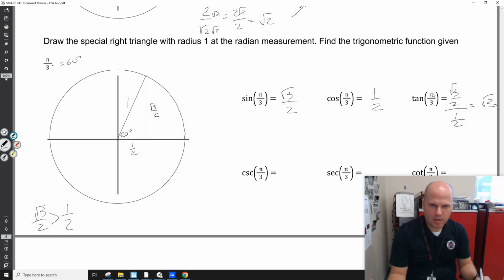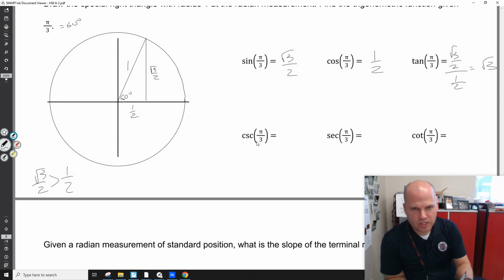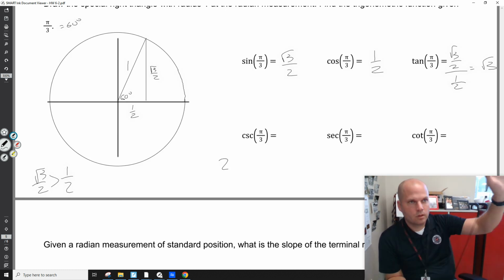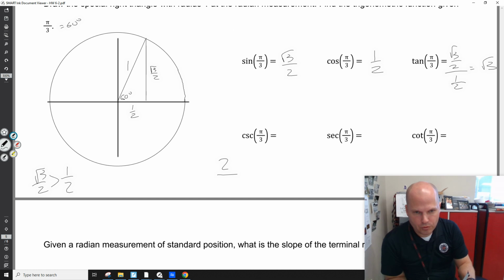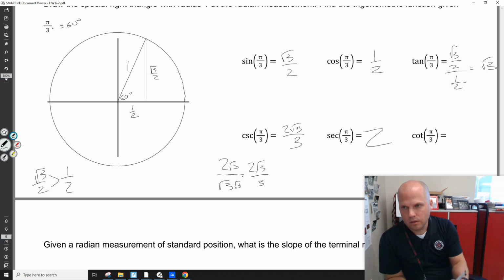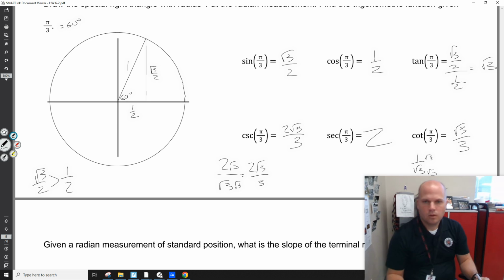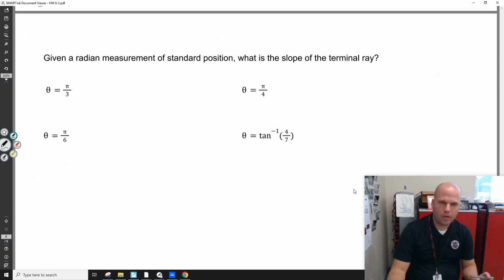Dividing is the same as multiplying by the reciprocal. Cosecant, 2 over root 3 simplifies to be 2 root 3 over 3 after multiplying the top and bottom by root 3. Secant, cotangent, flip root 3, rationalize. Got it? Great.